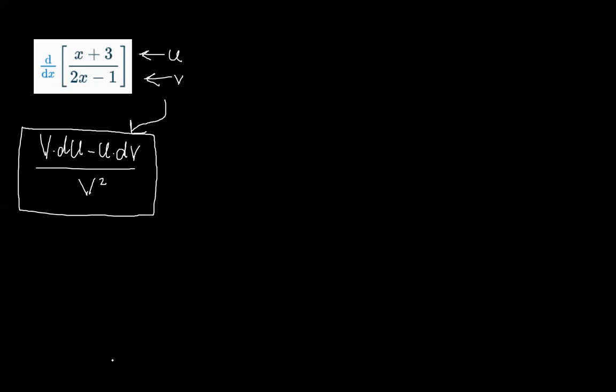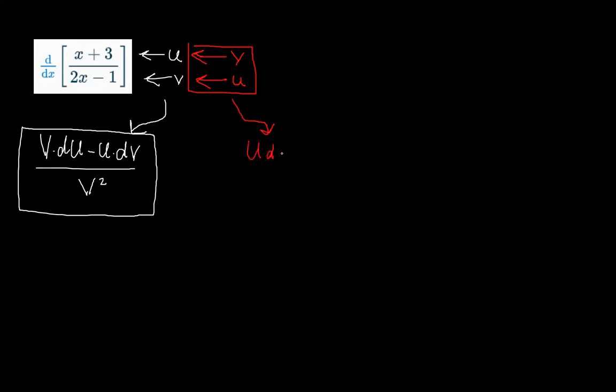What if the numerator is your v, and your denominator is your u? Focus at this one. What if your v is on the numerator and your u is on the denominator? So this is the result. Okay, the result would be what?